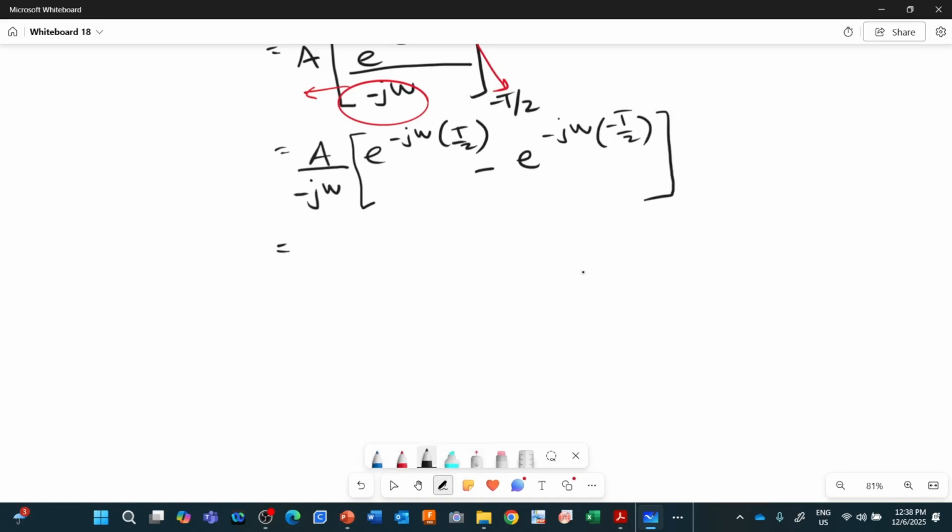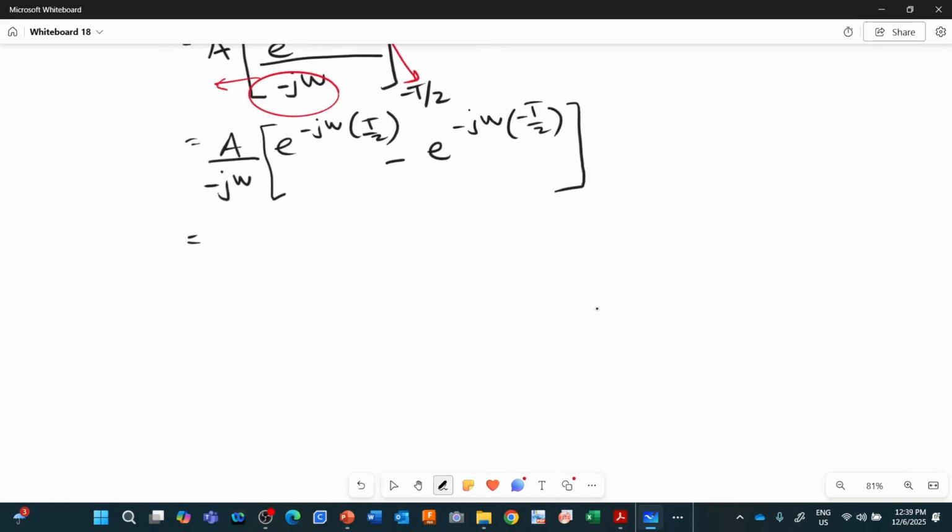So what does it look like? You can basically use Euler's identity, the sine identity. Sine theta is equivalent to 1 over 2j times, in brackets, e to the j theta minus e to the minus j theta.